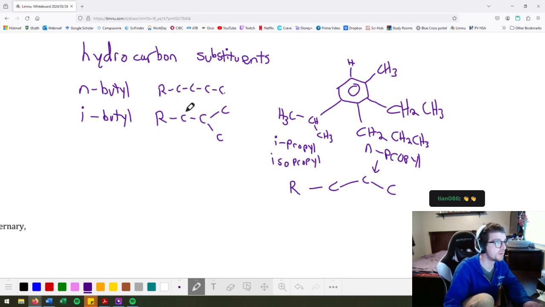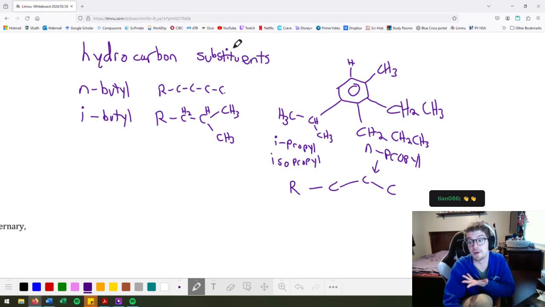Okay, so yeah, this is an isobutyl group where instead of just a straight chain, we've got 2 in a row, and then it branches into 2 methyl groups. So these would end up as methyl groups. This would have 1 hydrogen, and this would have 2 hydrogens.